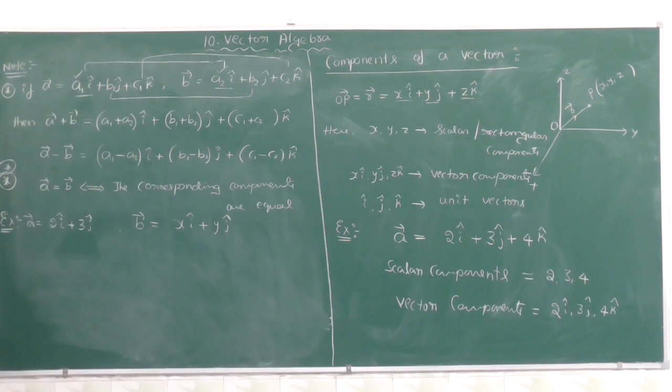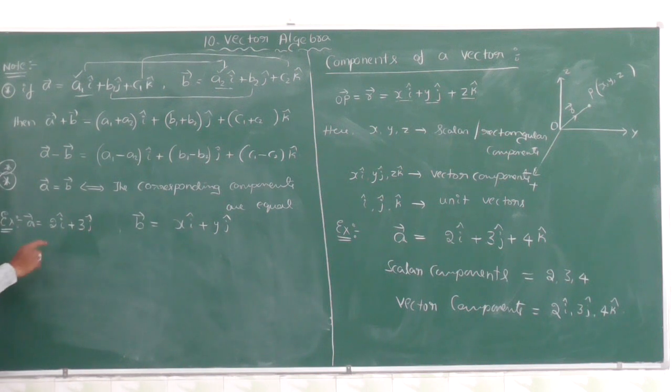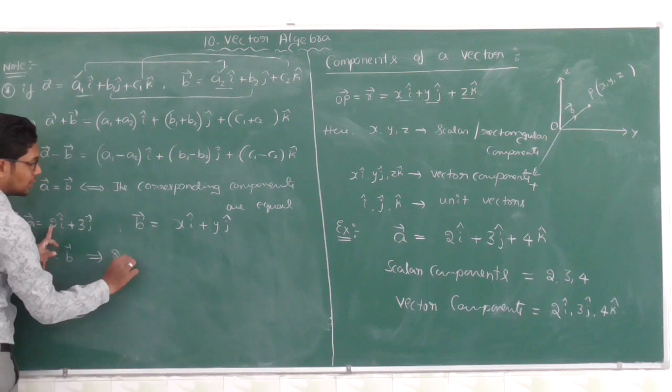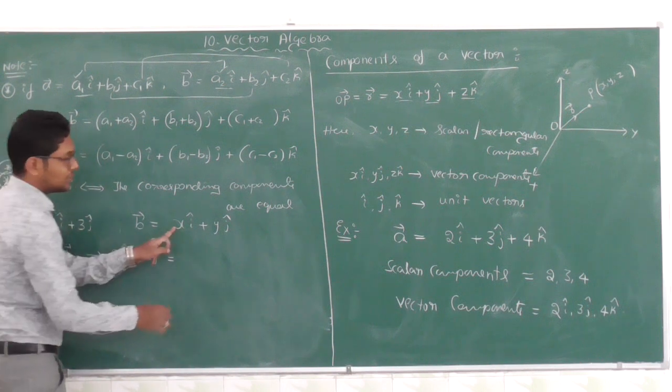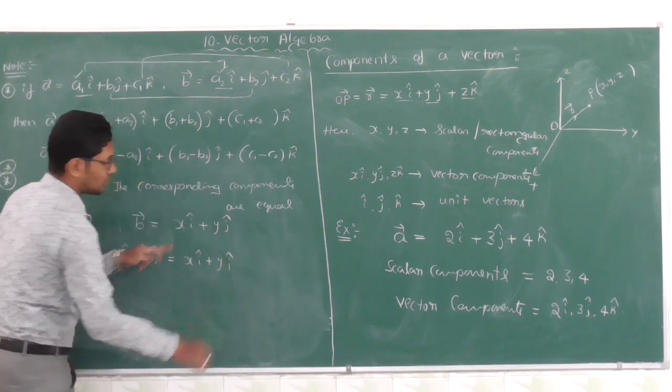Here, the condition I am giving is that the two vectors are equal, A vector equals to B vector. Then 2i plus 3j equals xi plus yj.